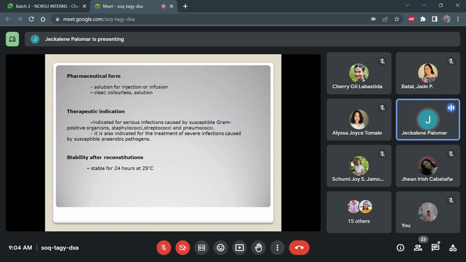So the pharmaceutical form for clindamycin is an ampule, a solution for injection or infusion. It is a clear, colorless solution. The therapeutic indication: it is indicated for serious infections by susceptible gram-positive organisms, staphylococci or streptococci and pneumococci.